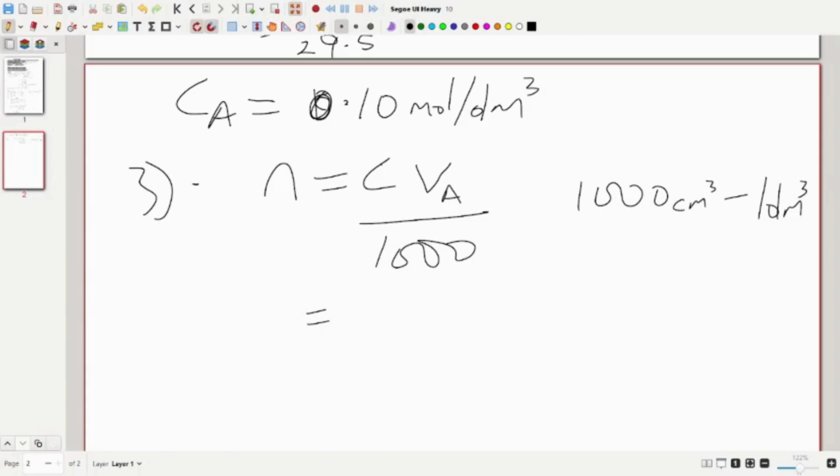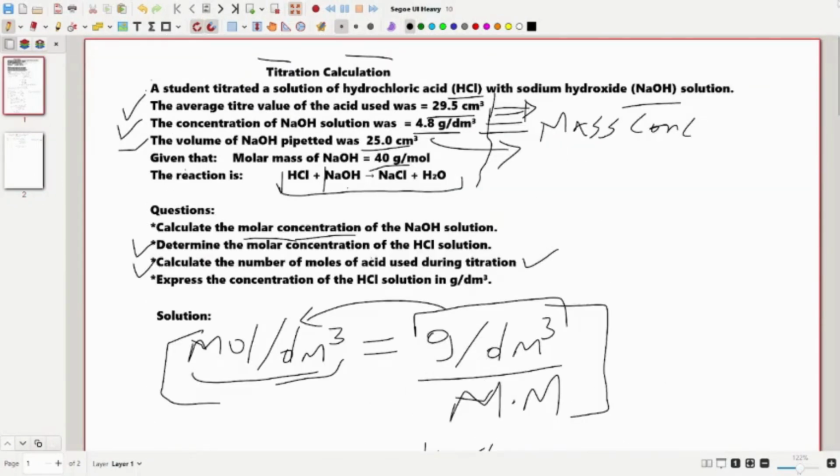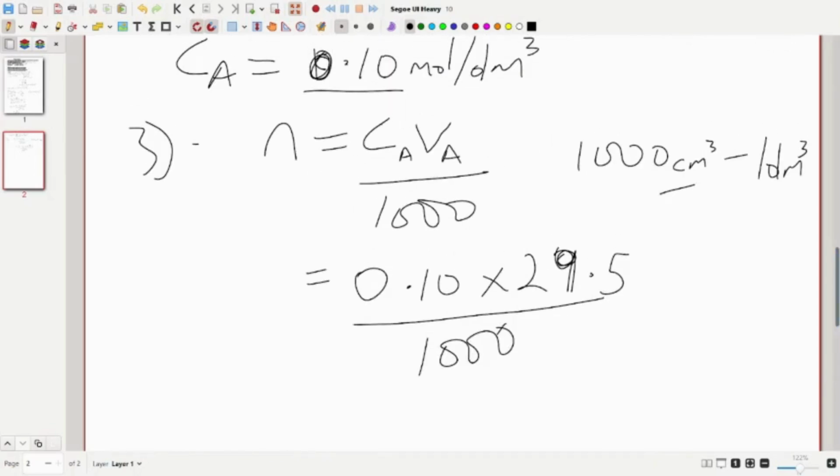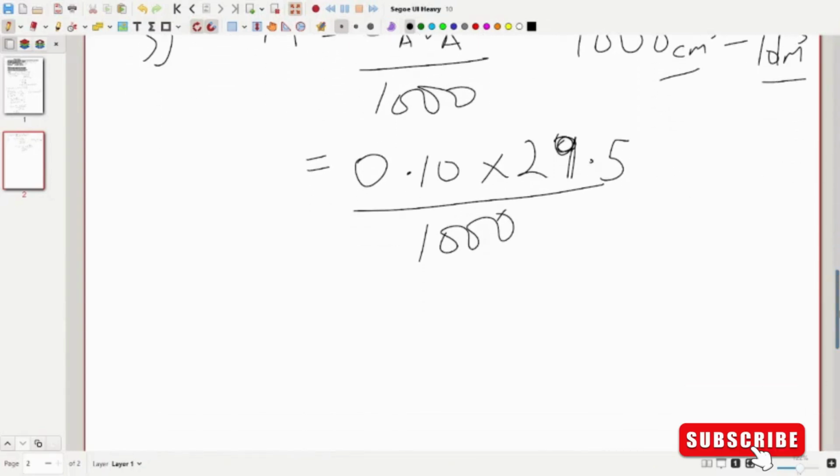So let's substitute. The concentration of the acid, as we've calculated, is 0.10, times the volume of the acid used, as seen in the question, 29.5, divided by 1000. Remember, the essence of the 1000 in the expression is to convert our cm³ to dm³.